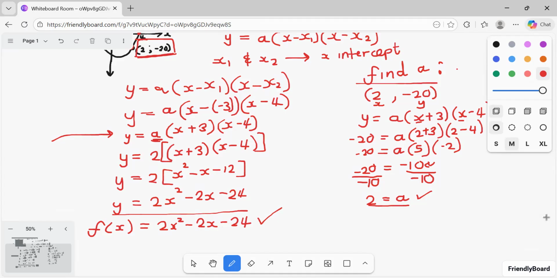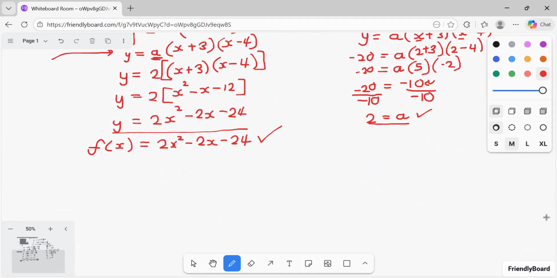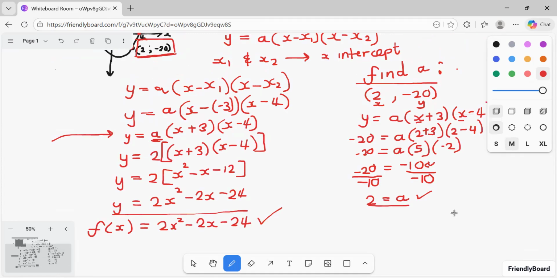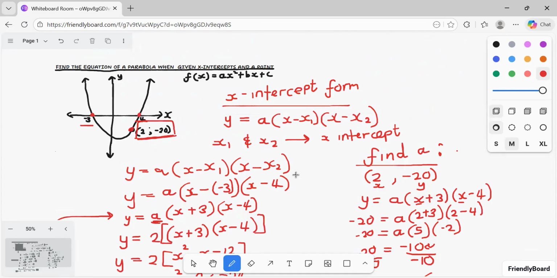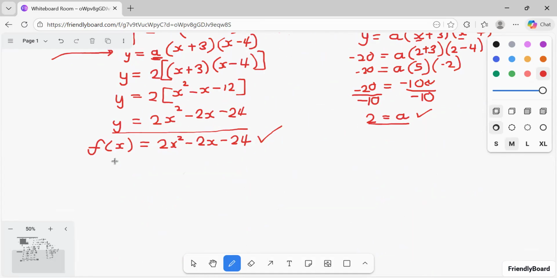If you can check, the equation is now in the form that they want us to leave it in, which is f of x is equal to ax squared plus bx plus c. That's the form that they wanted. So the equation of this parabola is f of x is equal to 2x squared minus 2x minus 24.